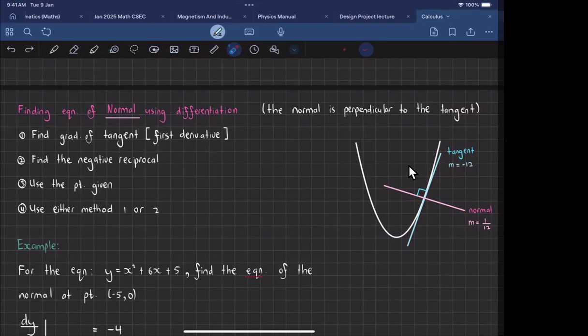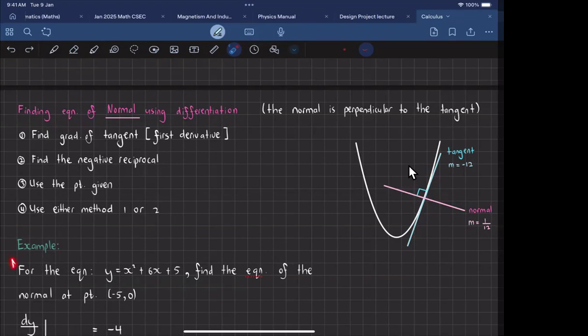And you're going to say, therefore, the gradient of the normal will be what? If the gradient of the tangent is minus 4, what is the gradient of the normal? 1/4. Perfect. And do you have a point that is on the normal? Yeah. The point here, it cuts through the tangent and the normal. So you're going to use the same point. So it'll be -5, 0. Correct.